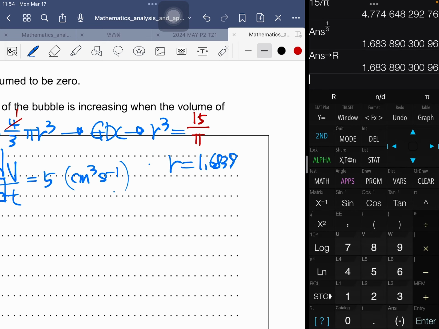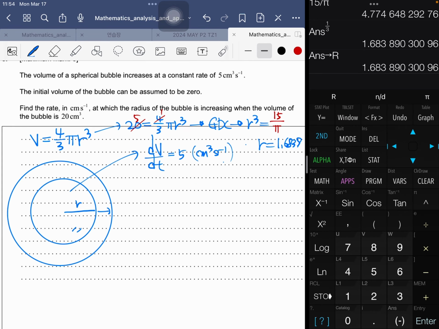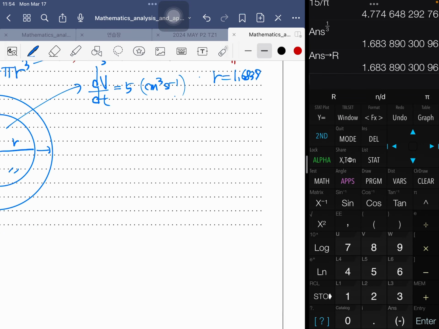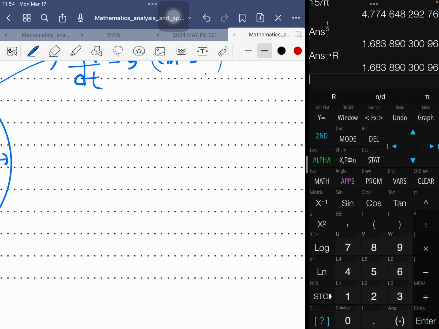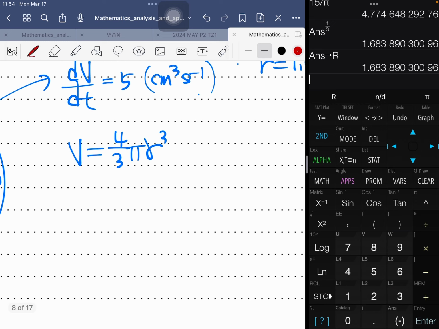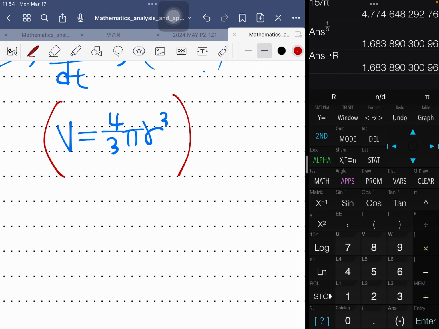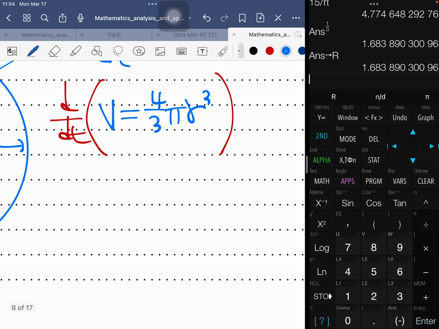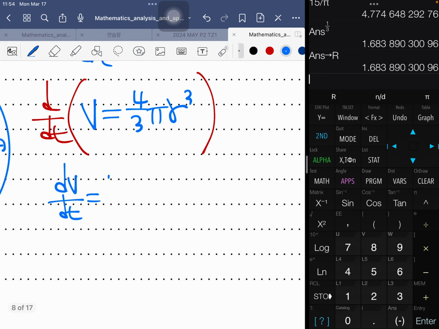Okay, and then we need to find dr dt. So we start from here: V equals 4 over 3 pi r cubed. To find dr dt, we need to differentiate both sides with respect to t. So the left hand side becomes dV over dt equals 4 pi over 3, which is pretty much constant, just leave it there.